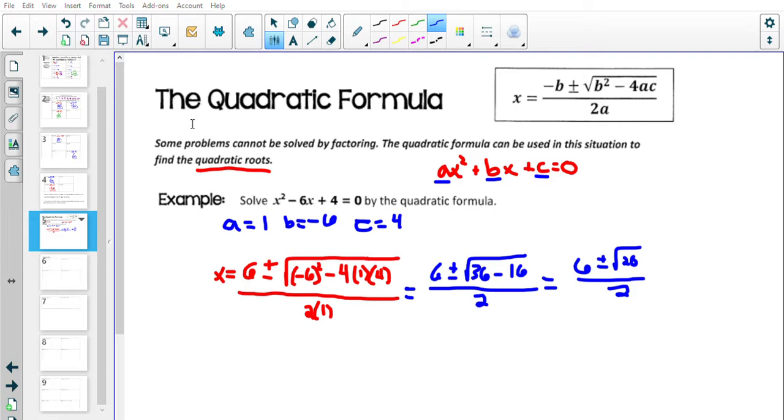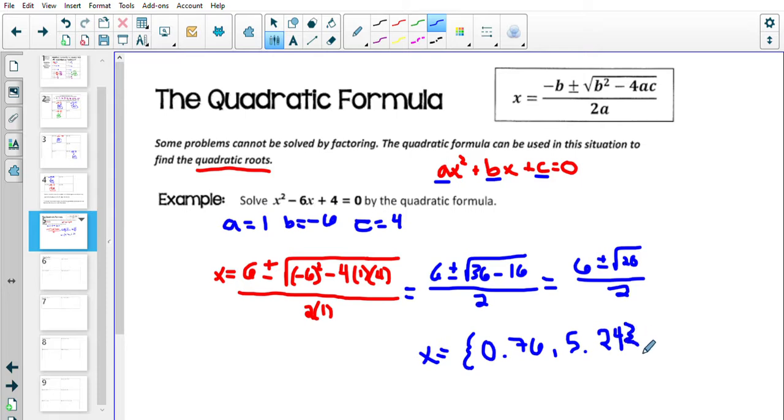The 5.236, I'm going to round that to 2 decimals, make it 5.24. And same thing here, 0.7639, I'm going to make that 0.76. So that tells me that my two solutions are going to be 0.76 and 5.24.